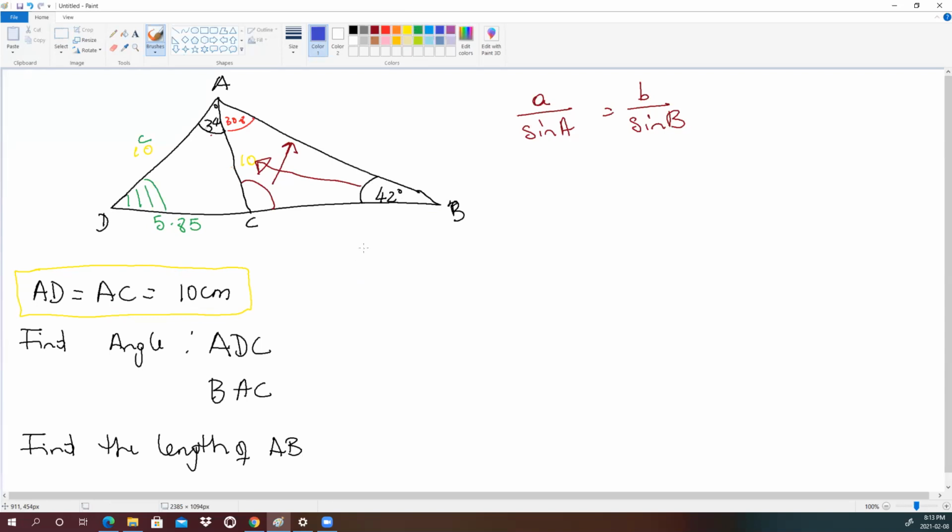So we can use angles in a triangle again. That should be about 107. Just check it for me.